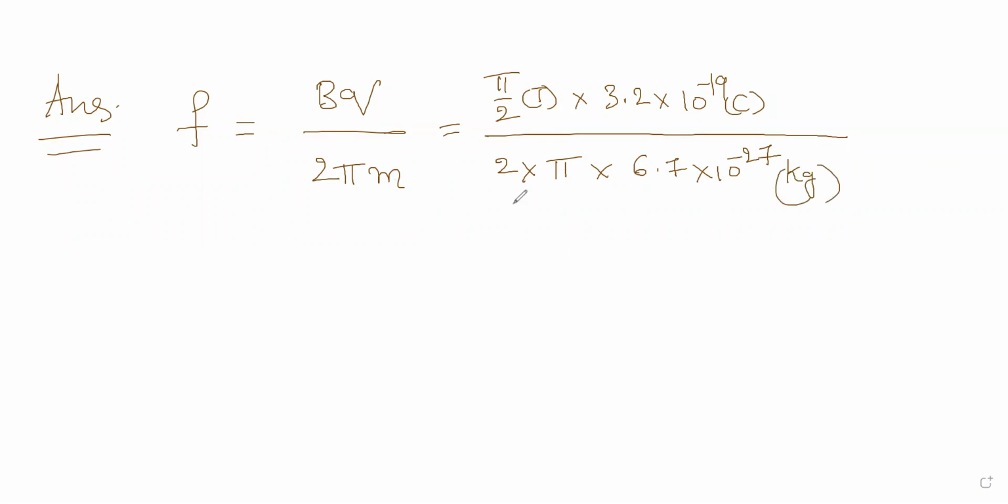You can cancel the pi's, and then this works out to be 1.6 times. I hope you understood. So the frequency works out to be 1.2 into 10 to the power of 7 cycles per second.